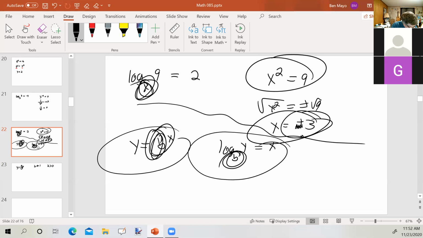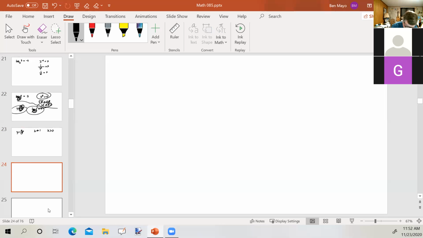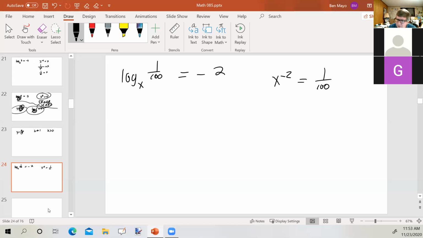Let's see here. Log base x of 1 over 100 equals -2. So changing this into exponential form, x to the -2 power equals 1 over 100. If I have a base to a power equals the same base to a power, the powers are equal.